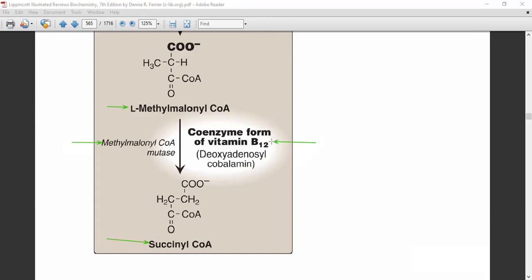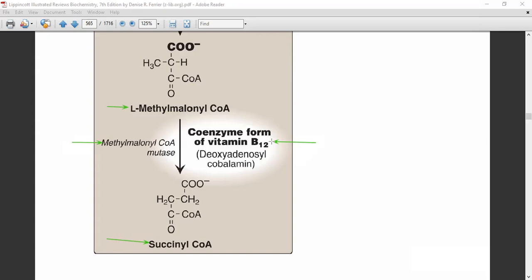coenzyme, the vitamin, not necessarily deficiency. Let's say the parietal cells in the gastric mucosa are not producing the intrinsic factor, which is required for absorption of vitamin B12 in the small intestines.